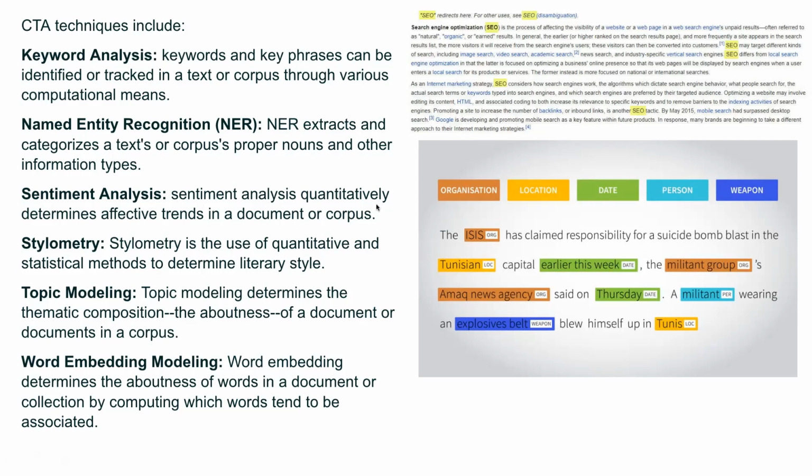Sentiment analysis quantitatively determines affective trends in a document or corpus. You do sentiment analysis through libraries or dictionaries. Libraries and dictionaries are pre-arranged or readily available databases in which you identify whether a word is positive or negative beforehand.